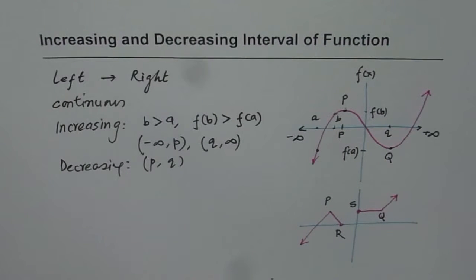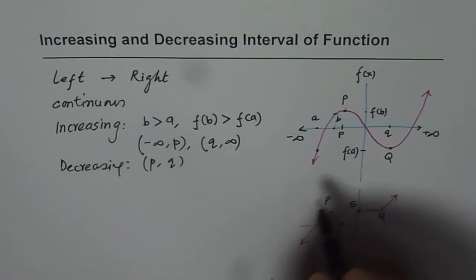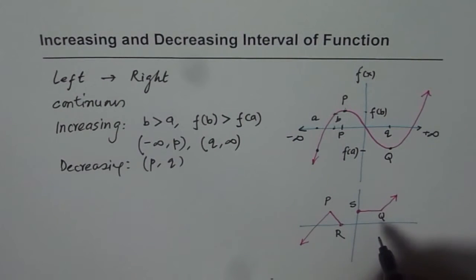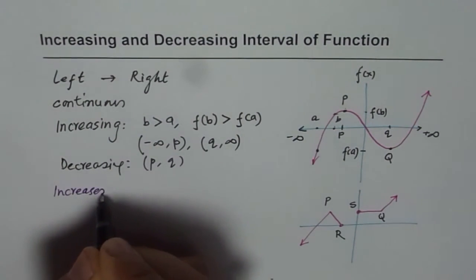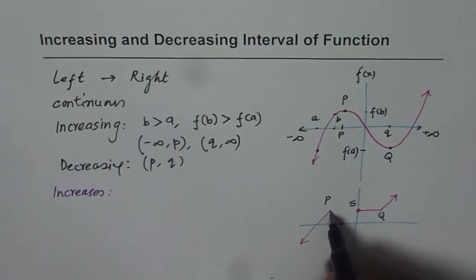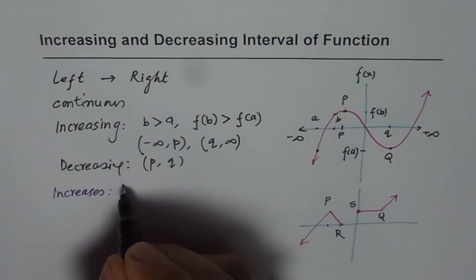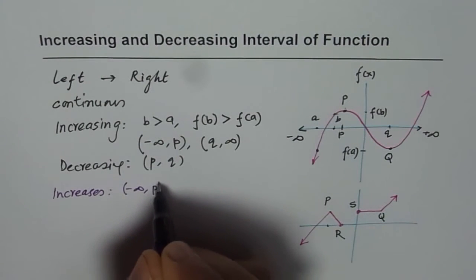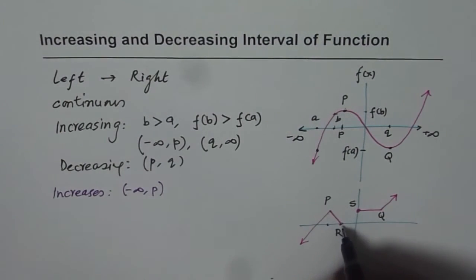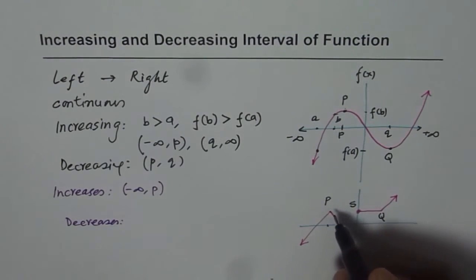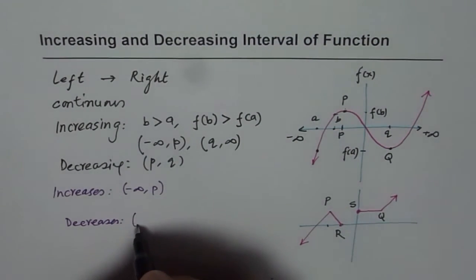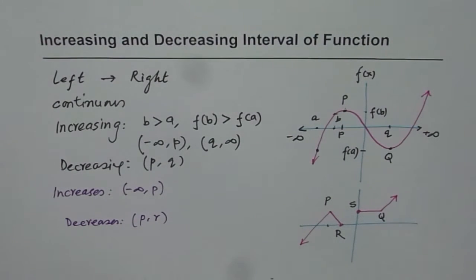Now let us do the same thing for a discontinuous function, right? So here we'll follow the same policy and then see how it works. So here it increases from what value? Can you help me? From minus infinity to p, right? So let me say it increases from minus infinity to p, and then it decreases. So the decreasing interval will be from p to r. So let me use lowercase for x coordinates, right?